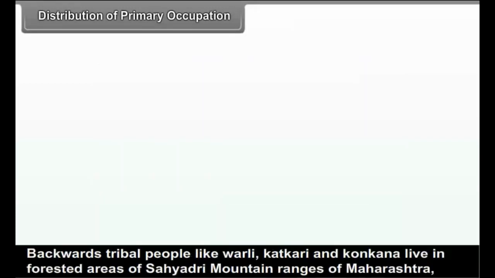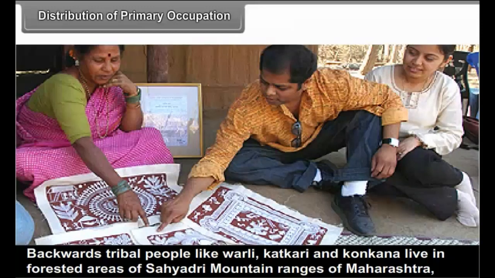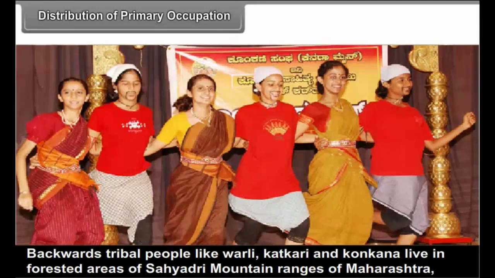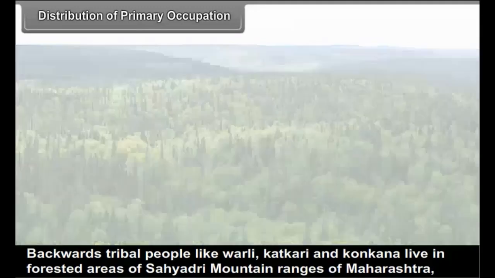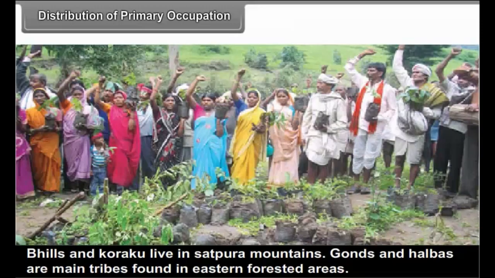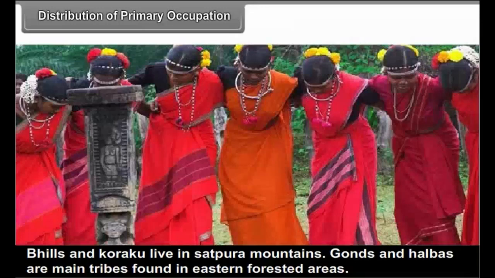Backward tribal people like Warli, Katkari and Konkana live in the forested areas of Sahyadri mountain ranges of Maharashtra. Bhils and Koraku live in Satpura mountains. Gonds and Halbas are main tribes found in the eastern forested areas.